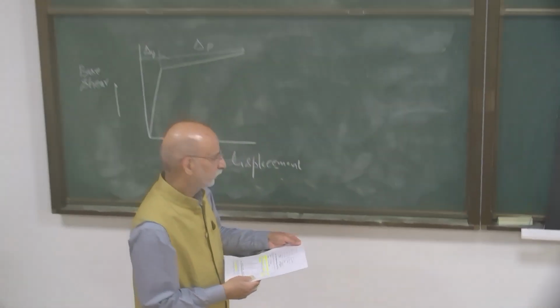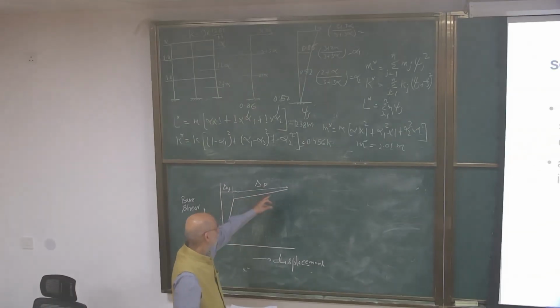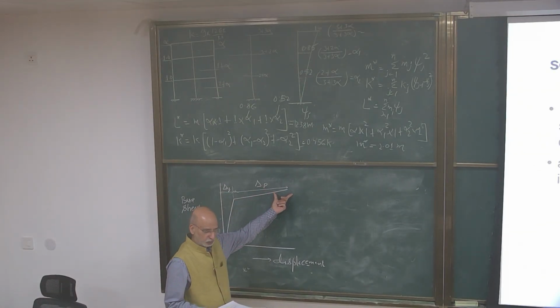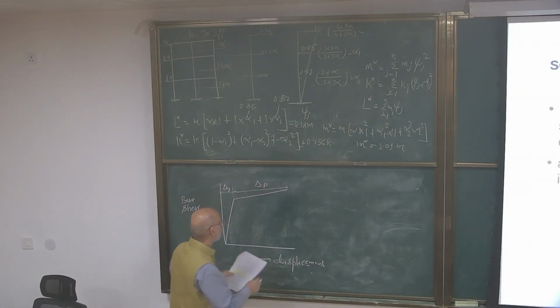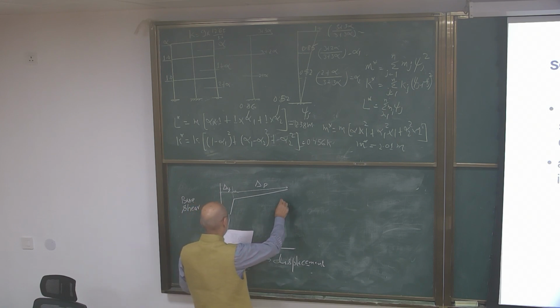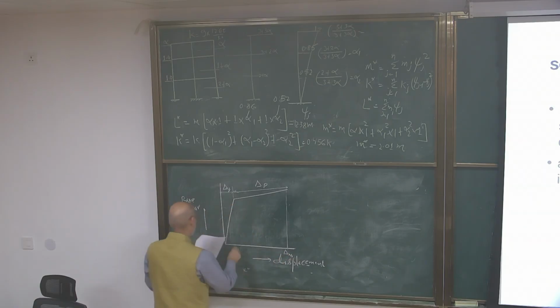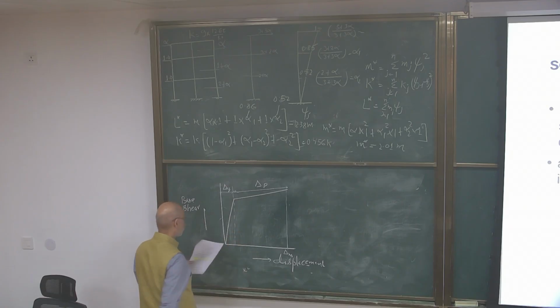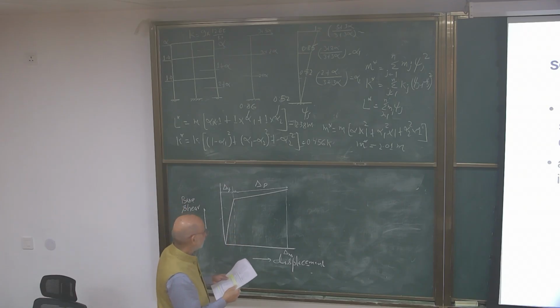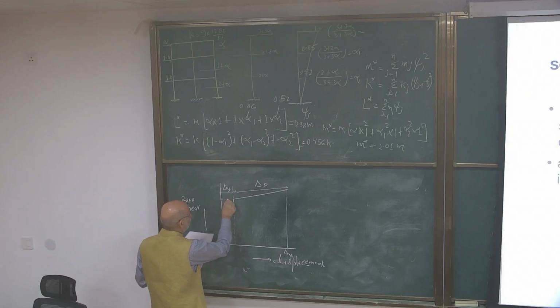With a rigid foundation, you go to the maximum level and get the maximum displacement here, and this is the yield displacement. Now this is valid when your foundation is rigid.